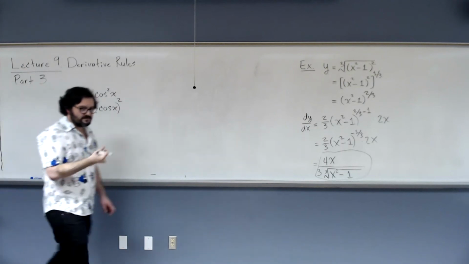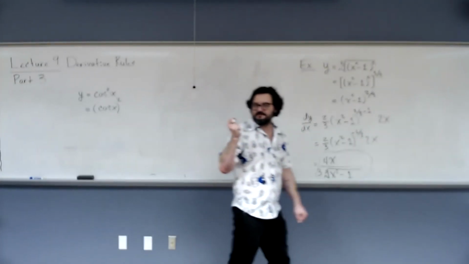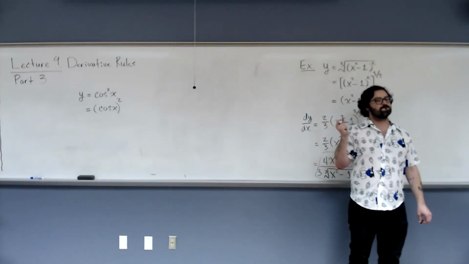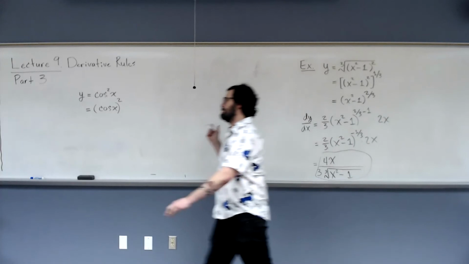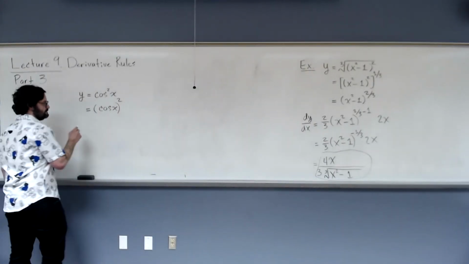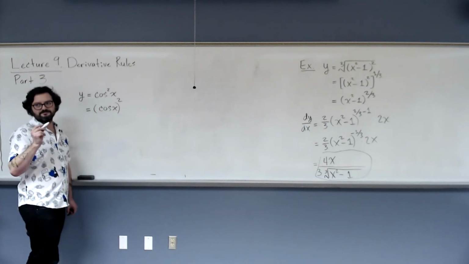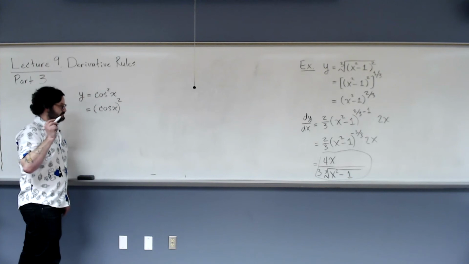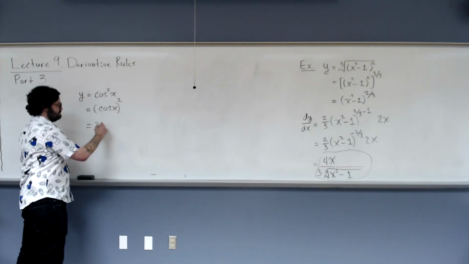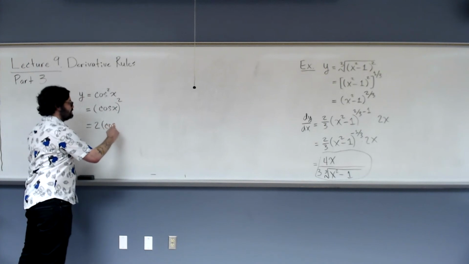And then impress me, what's the derivative immediately? Not quite. 2 cosine x. Say it fully. You're missing something: times the derivative of g. What's the derivative of the outside? 2 cosine x, right?